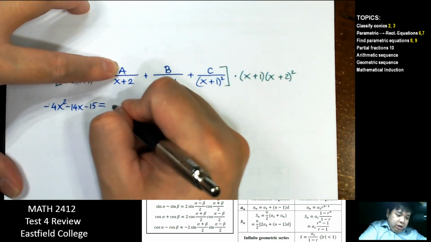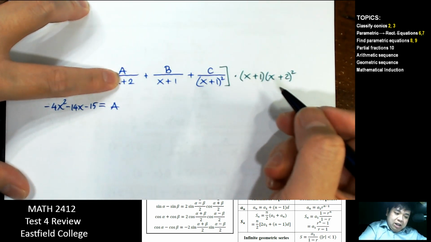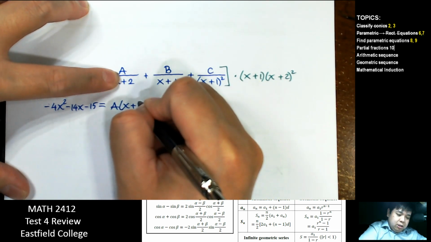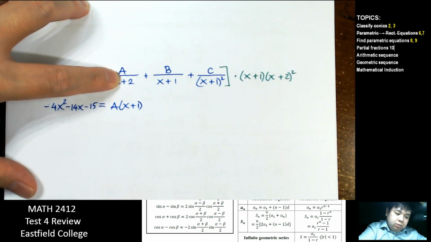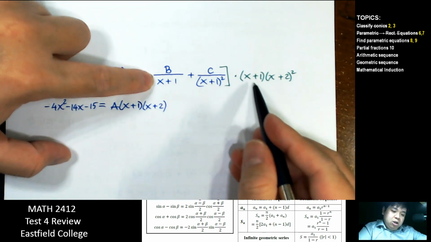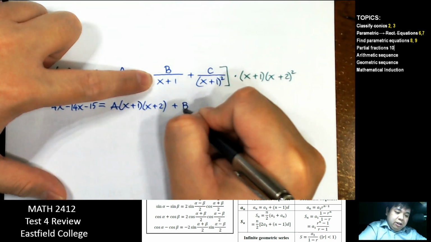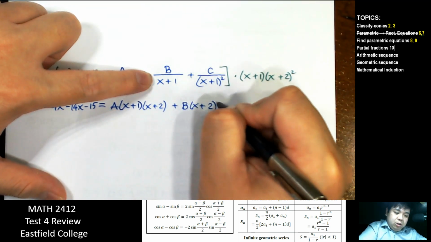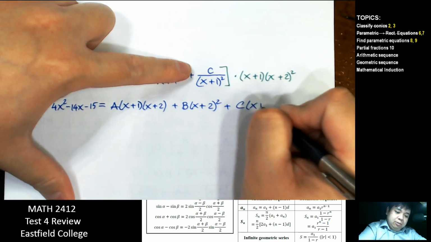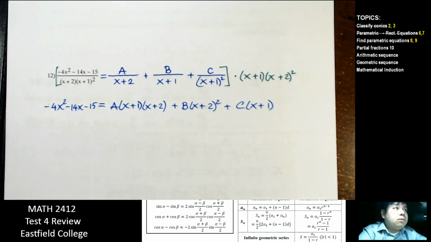We have a 1 of x plus 2, we will have x plus 1 and x plus 2. We have x plus 1 already, so we will have (x plus 2) squared, and (x plus 2) squared cancel.